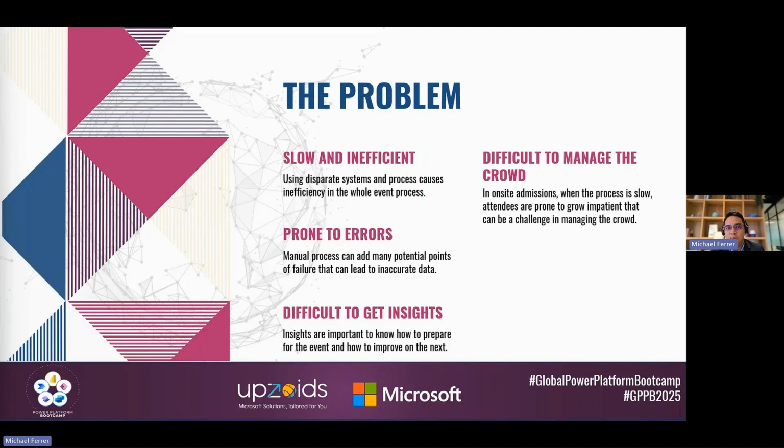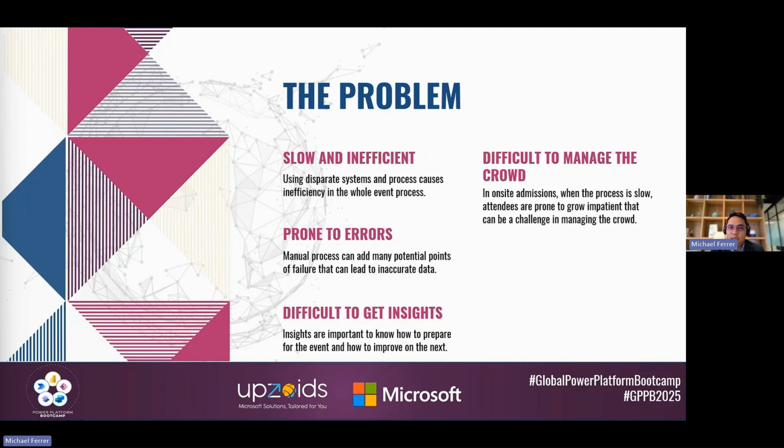Imagine if you have registrants registering through paper. That would be difficult to manage when you collect them. You have to type it out in an Excel file, and it would be very tedious and difficult to get insights out of that data.